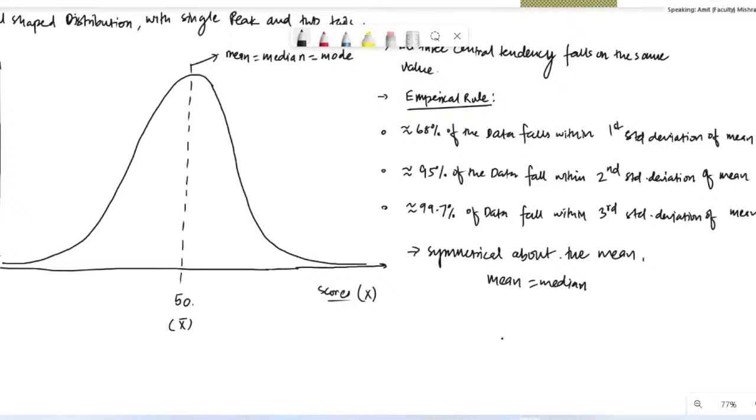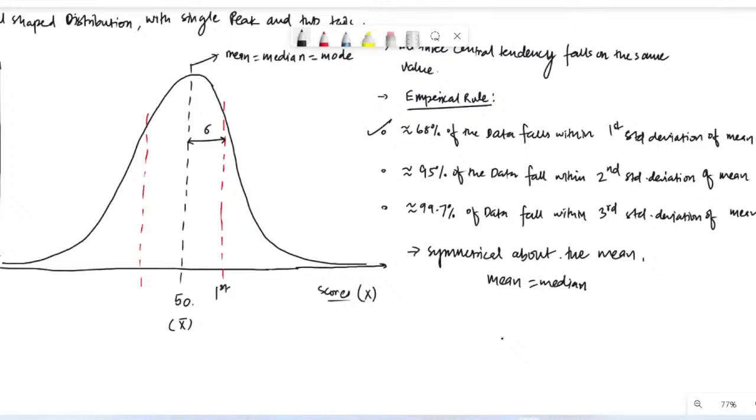Now let's try to understand this first part. I'll just draw them here in terms of a plot. This is how it will look. This is called your first standard deviation. Remember, standard deviation is represented by the symbol sigma.